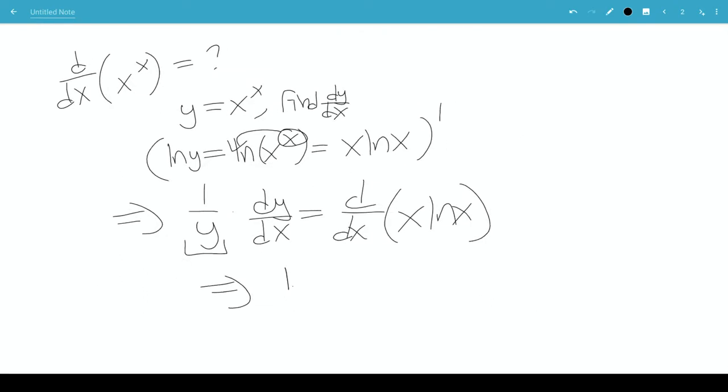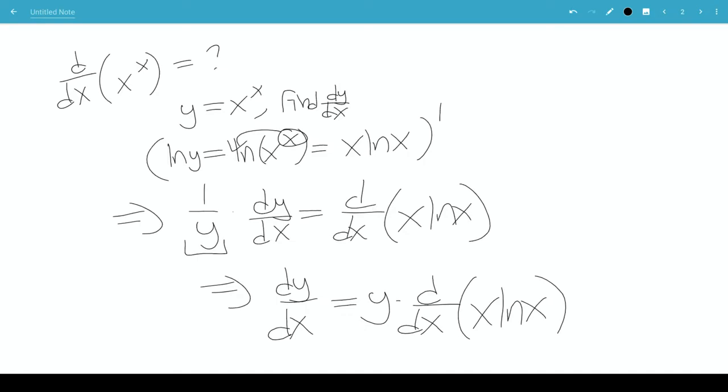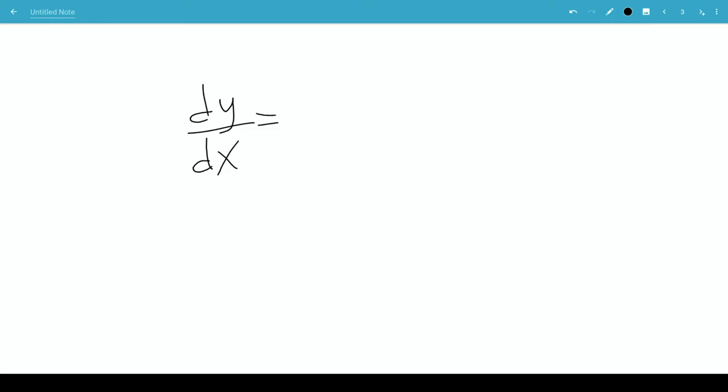We can move the y to both sides. We get dy dx is y times the derivative with respect to x of x ln x. So we're left with dy dx equals y times the derivative of x ln x, but y is x to the x, so we can just replace y with x to the x.